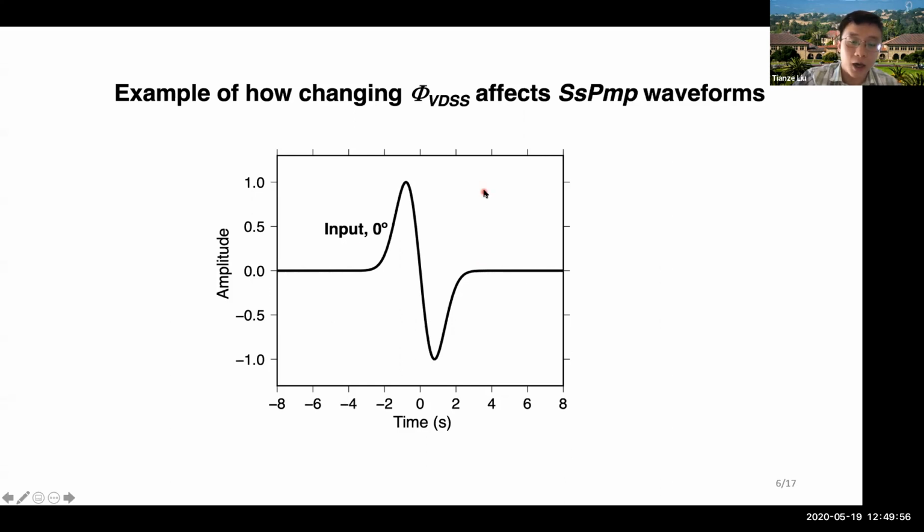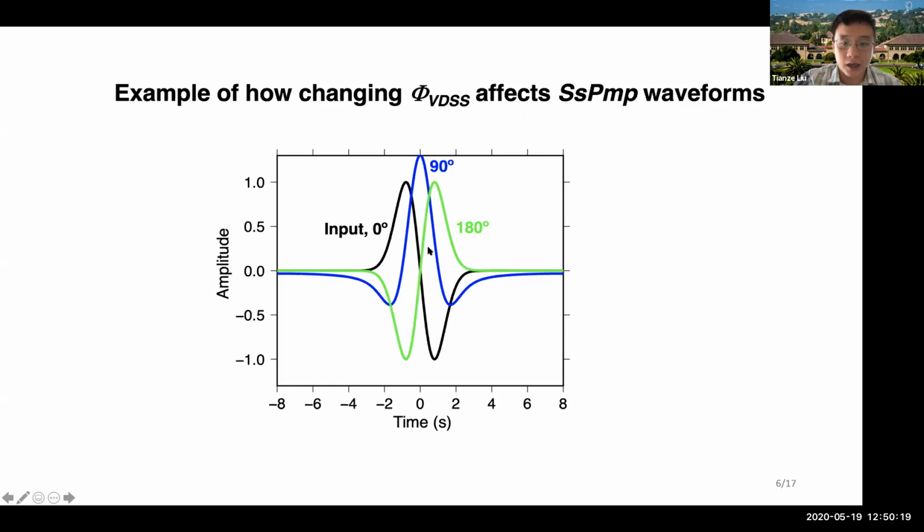And when we apply a 90-degree phase shift to this anti-symmetric wavelet, what we get is a symmetric function that resembles the shape of a Mexican hat. And when we additionally apply another 90-degree phase shift, we'll again get an anti-symmetric wavelet, which is simply a sign flip from the input wavelet.